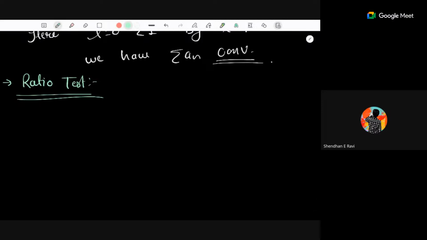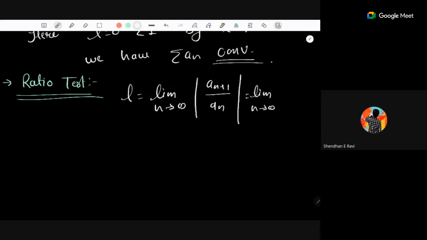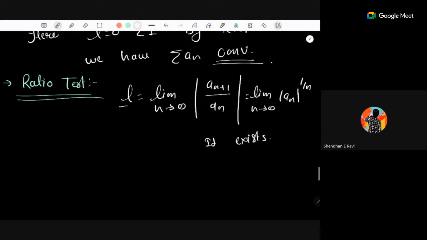In the ratio test, the limit as n goes to infinity of modulus of a n plus 1 upon a n is the same as the limit as n goes to infinity of modulus of a n to the power 1 by n, if both limits exist. So if both limits exist, their values are the same. Since we are getting the same value of L as in the root test, the result will be the same here.